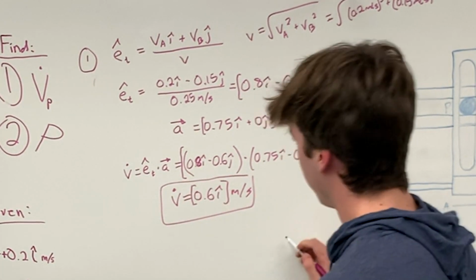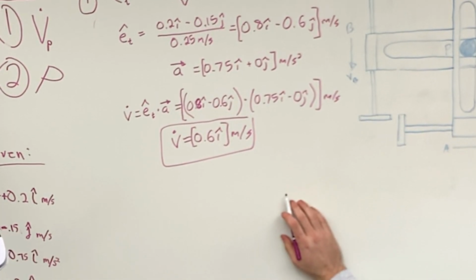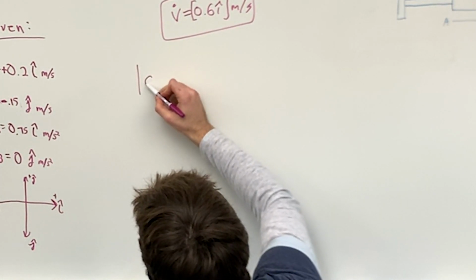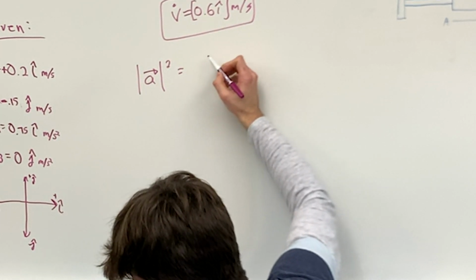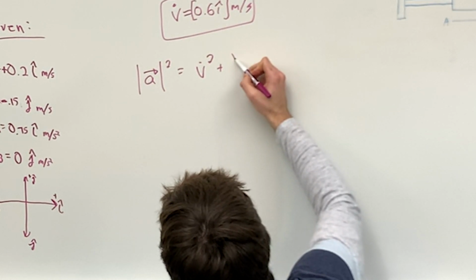Perfect. And then for the second part of our problem, we were to find rho. To find rho, we were going to use the equation: the magnitude of the acceleration vector squared is equal to V dot squared plus V squared over rho, all squared.